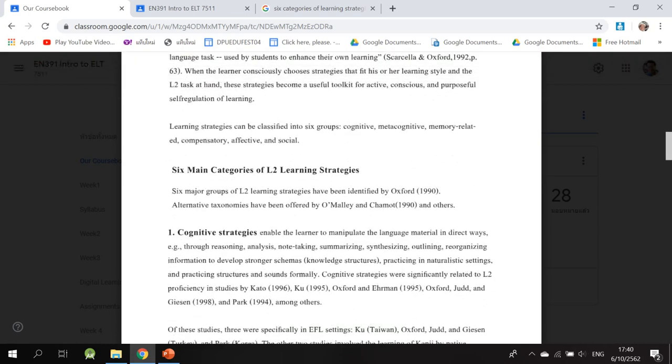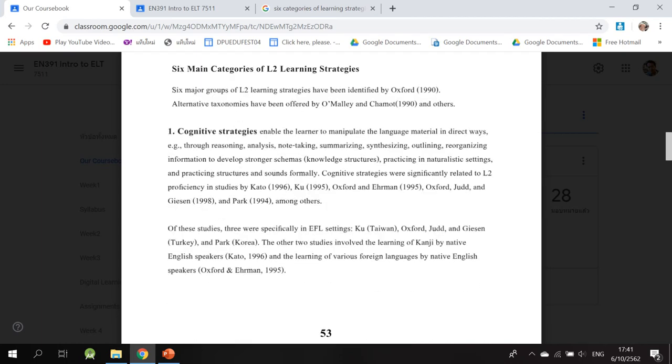You use a combination of many different strategies. What is important about strategy is that we need to actually help our learners to understand and develop their effective learning strategies.